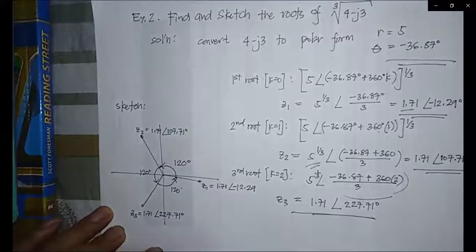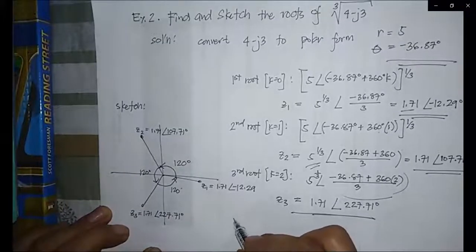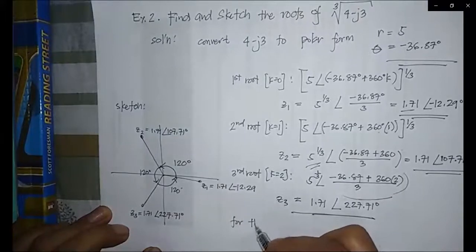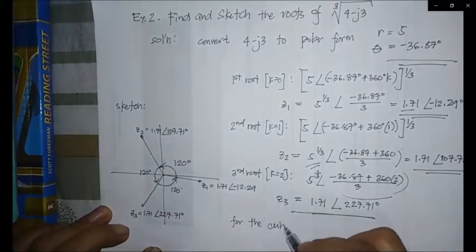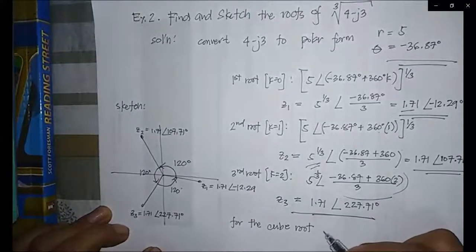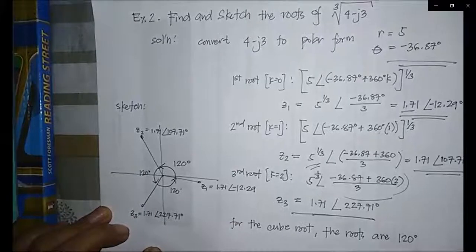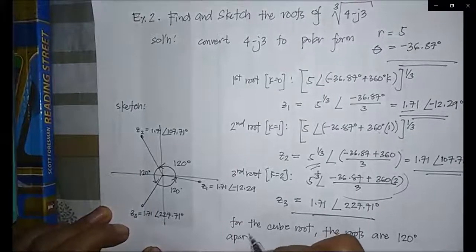So why 120 degrees? For the cube root, the roots are 120 degrees apart from each other.